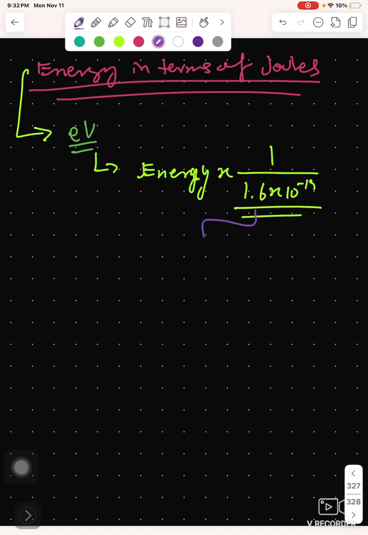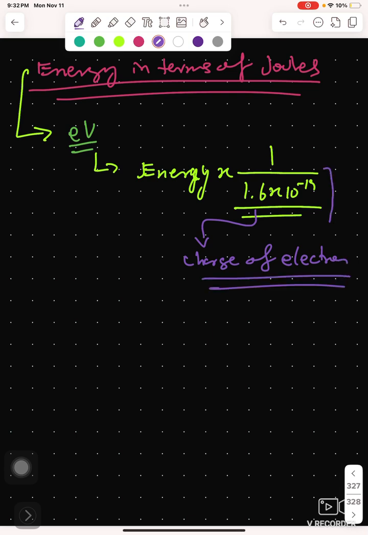And yes, this is nothing but the charge of the electron. Good. Mostly we ignore the negative sign. What we get is the same energy, which was in joules, now in electron volts.